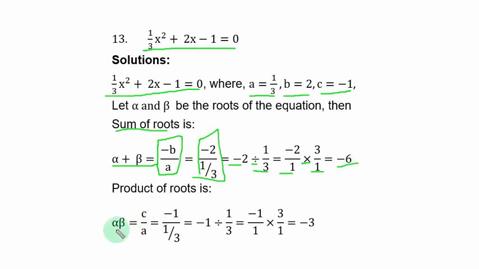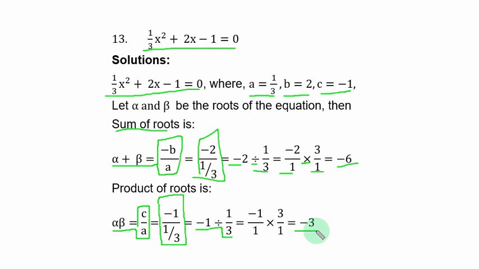Product of roots alpha beta is c over a. And what is c? Minus 1 over a, 1 over 3. So we have minus 1 divided by 1 over 3, which is minus 1 over 1 times 3 over 1, and that is minus 3.